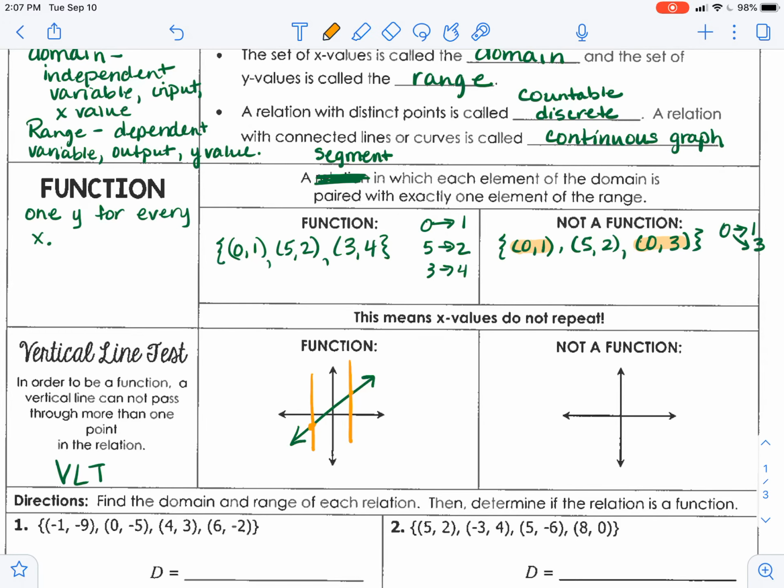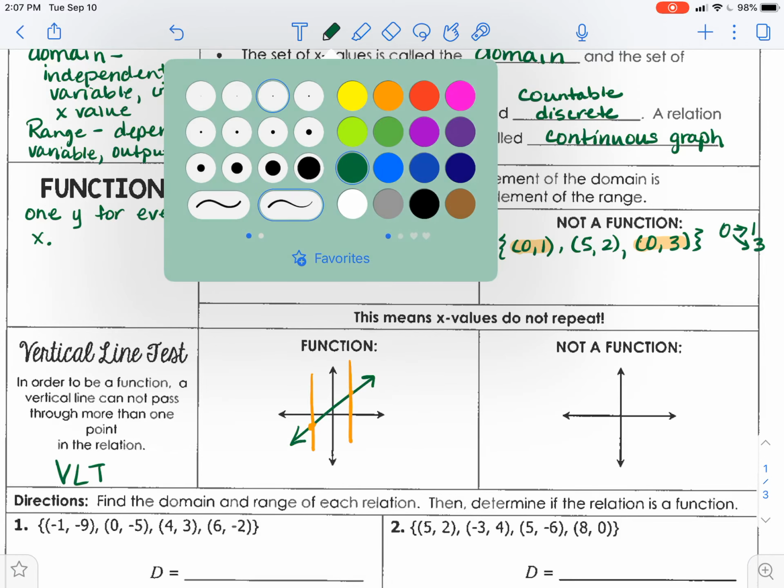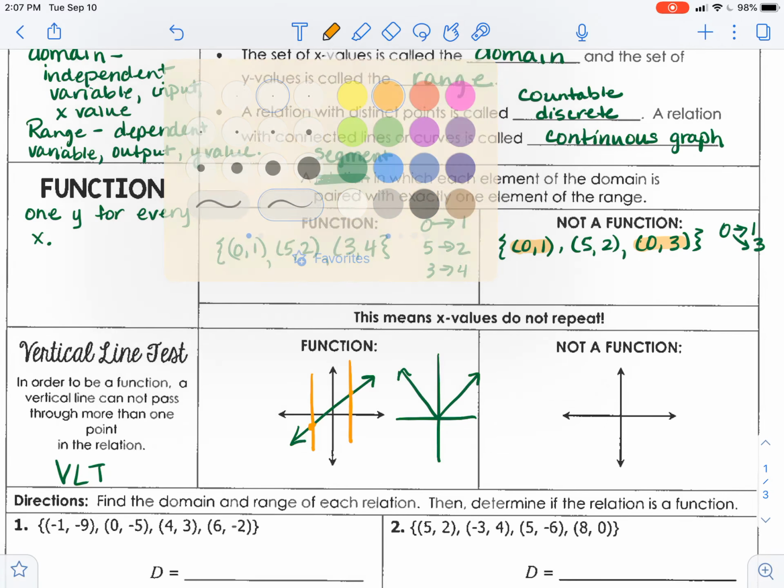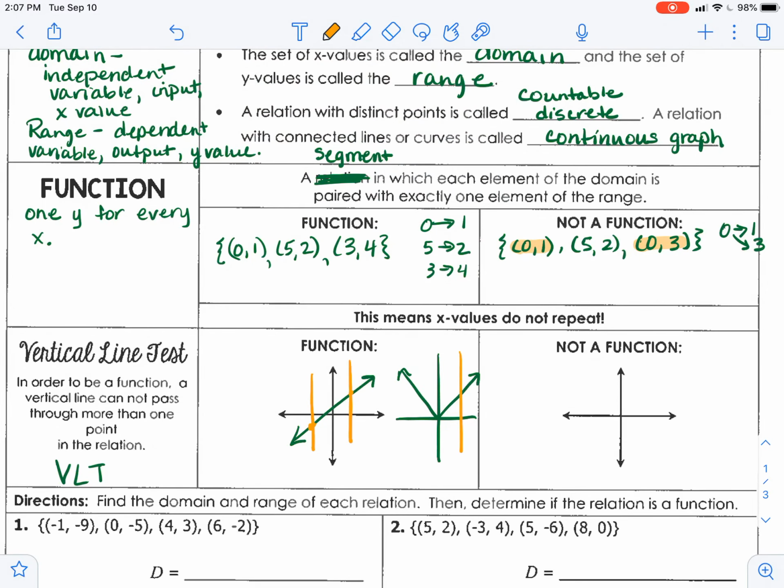Another function might be, because we've been solving absolute value problems, an absolute value, which is a V. Again, if I draw a vertical line, I'm only hitting in one spot. So both of those would be functions.